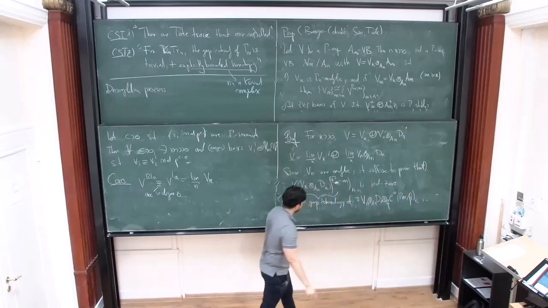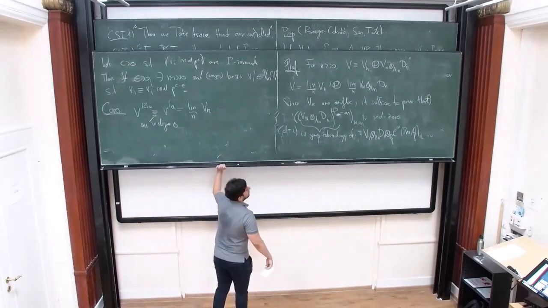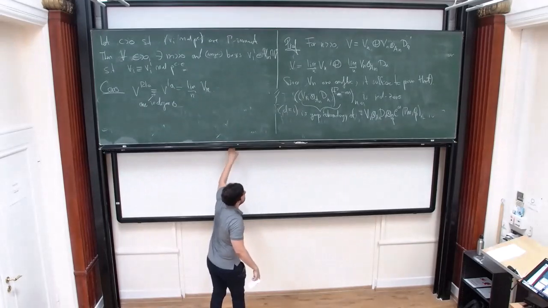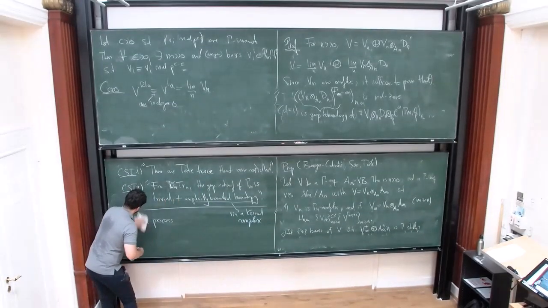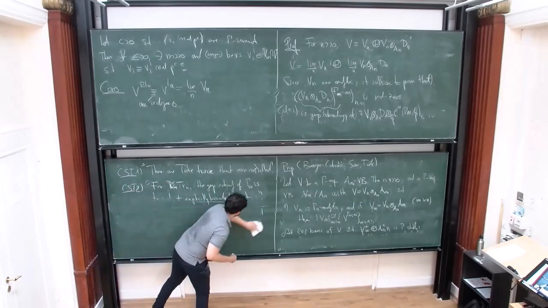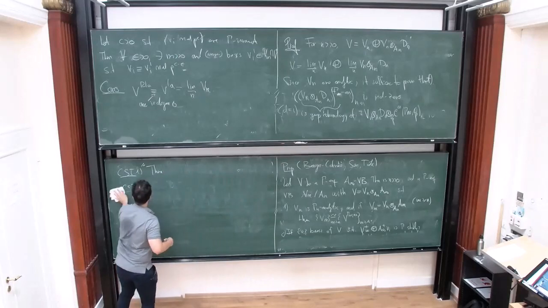And now you use the cohomology equal to 0, and use the following.